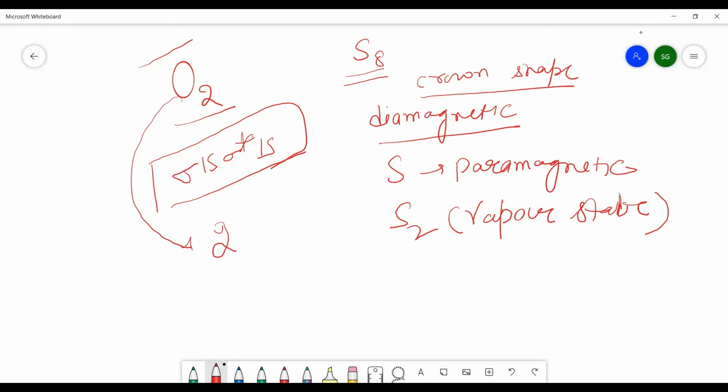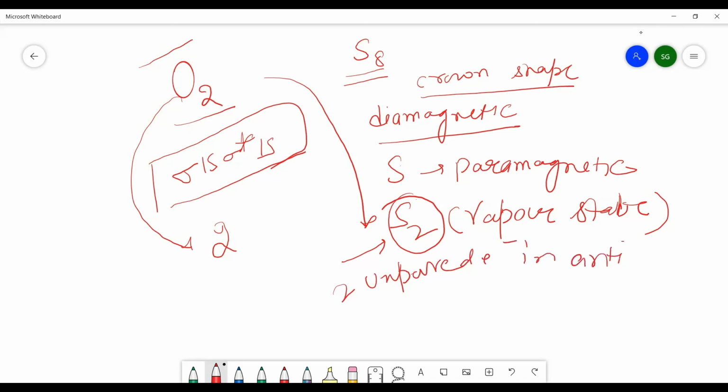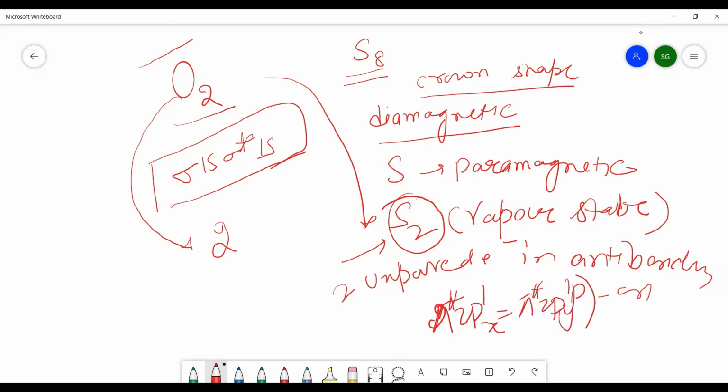Because both are present in the same group, S2 also contains the two unpaired electrons in anti-bonding p orbital, like pi star 2px1 and pi star 2py1. Because of these two unpaired electrons, the S2 molecule is paramagnetic in nature, and in which state? It is in the vapor state.